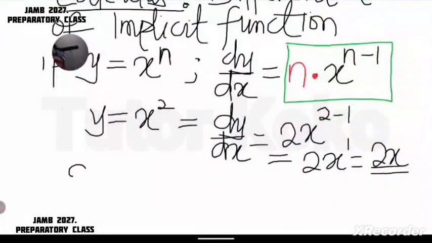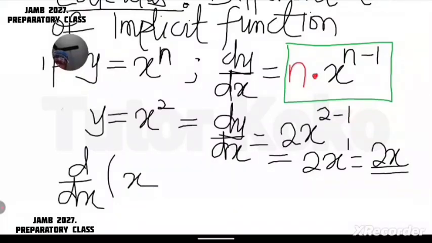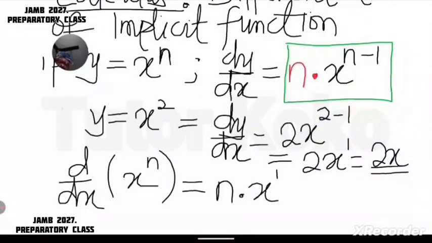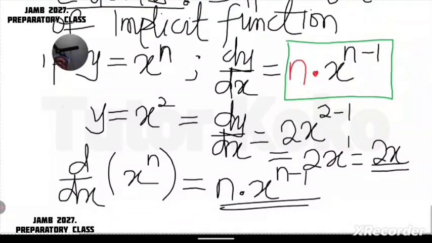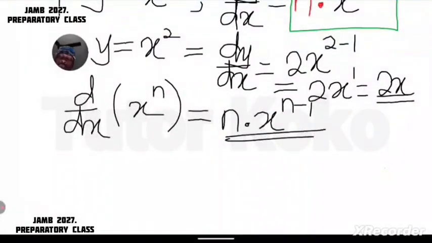So generally, if you are to differentiate x to the power of any number, you write the power down, multiply by the function again, then you subtract 1 from the power.